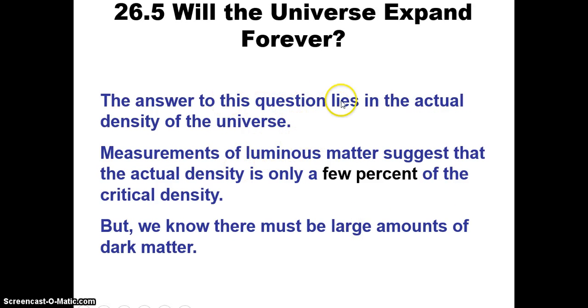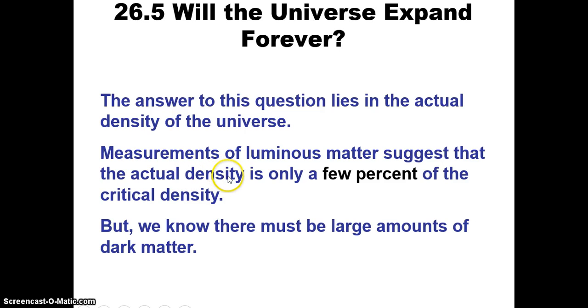So will the universe keep expanding, or will it collapse in on itself? We have to look at the actual density, and to do that, we do these gigantic surveys in any direction we can look.